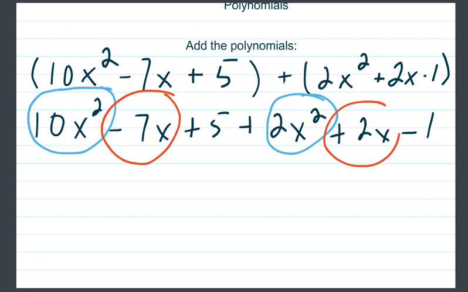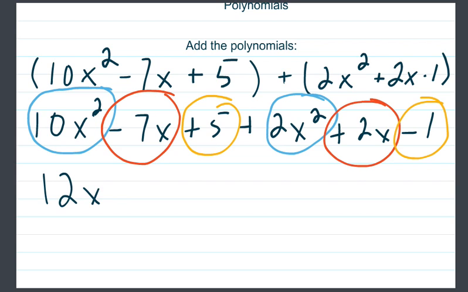These are like terms. These two right here are also like terms. And make sure when you're combining like terms, you keep the signs the same. Now it's going to be 12x squared minus 5x plus 4. And this is your answer.